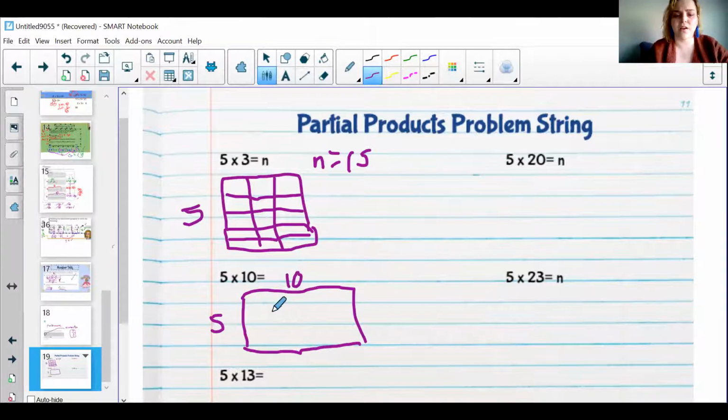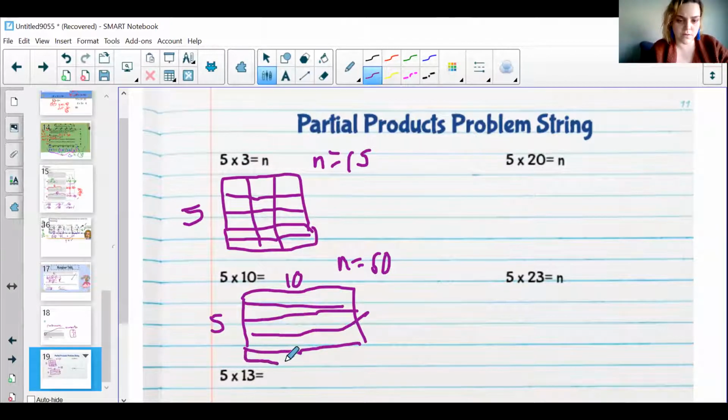And we already know that 5 times 10 equals 50. So we're going to write n equals 50. And I could just represent it this way, so you guys can see 5 times 10. And if I write 10 with another color inside of each row, we know that each one is 10, so we have 5 groups of 10.